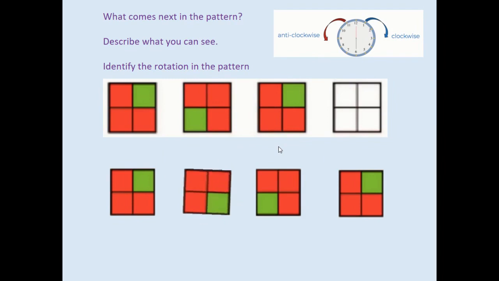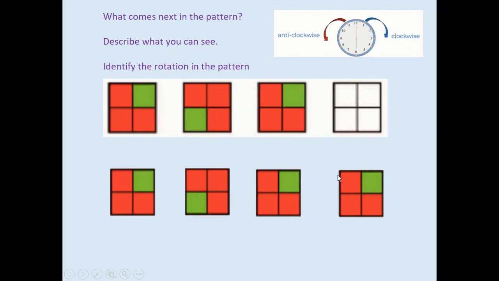Now this time around, what I've done is I have done 1/2 turn clockwise. And you can see that this second shape looks exactly the same as what's on the top one there. I'm going to do 1/2 turn clockwise. It looks like the top shape there, the third shape.